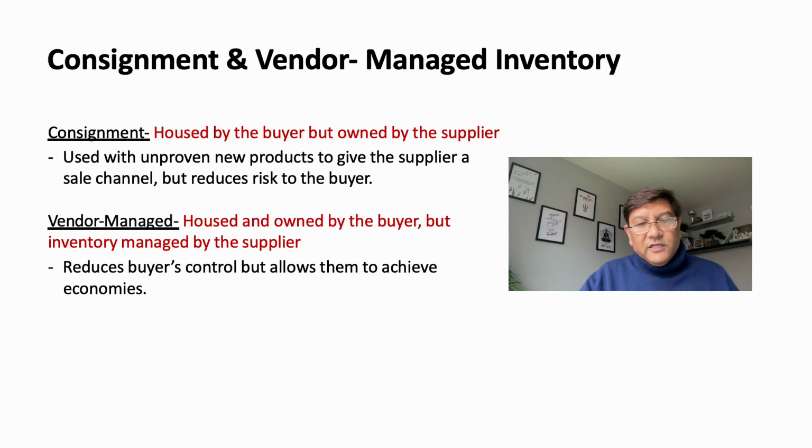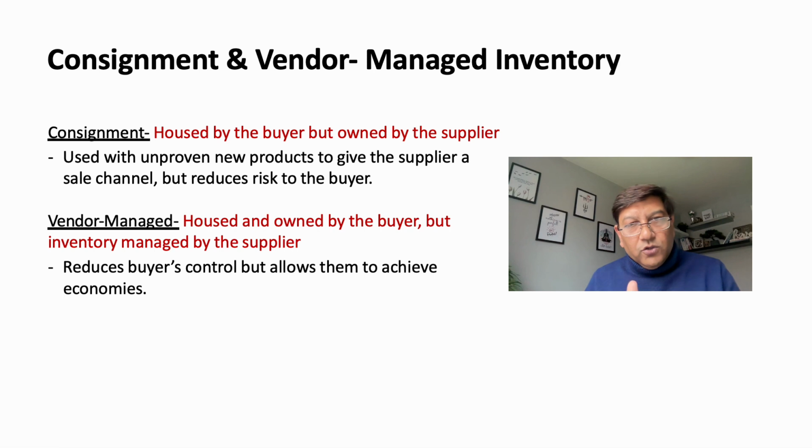So for example, I'm a supplier and I'm supplying notebooks to a buyer, and the buyer is selling in their store. But if we have a contract with the buyer which is based on the consignment type of inventory, it means that we are going to keep the stock with the buyer, and whenever the buyer sells the stock, they are going to pay for it.